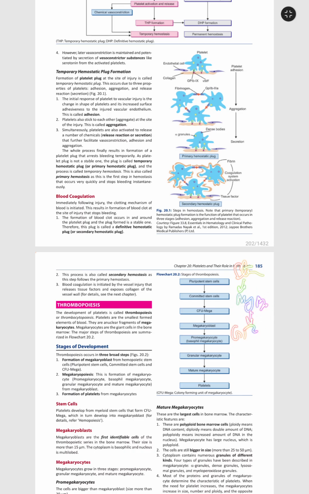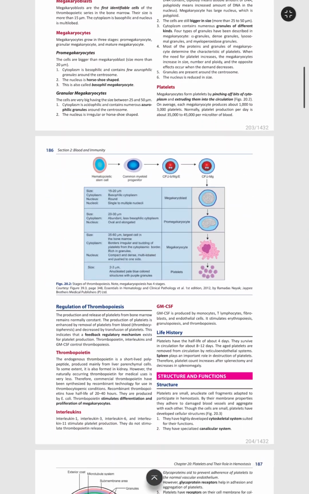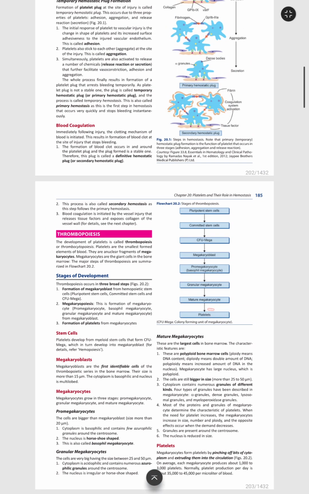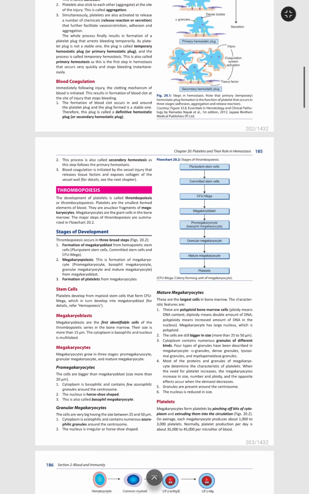Myeloid progenitor forms colony-forming unit megakaryocyte, then megakaryoblast, promegakaryocyte, then granular megakaryocyte, mature megakaryocyte, then platelets. This is the stages of thrombopoiesis.